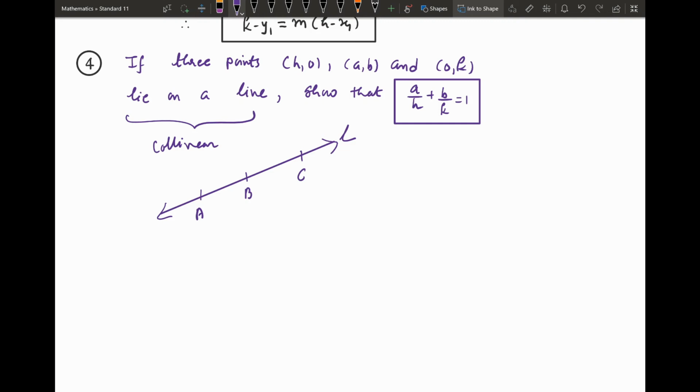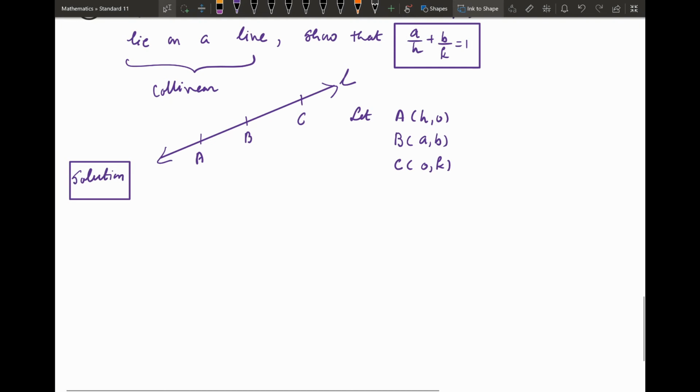So these 3 points A, B, C. First we denote these 3 points as A(h, 0), B(a, b), C(0, k). Solution. Let A be (h, 0), B (a, b), C (0, k).